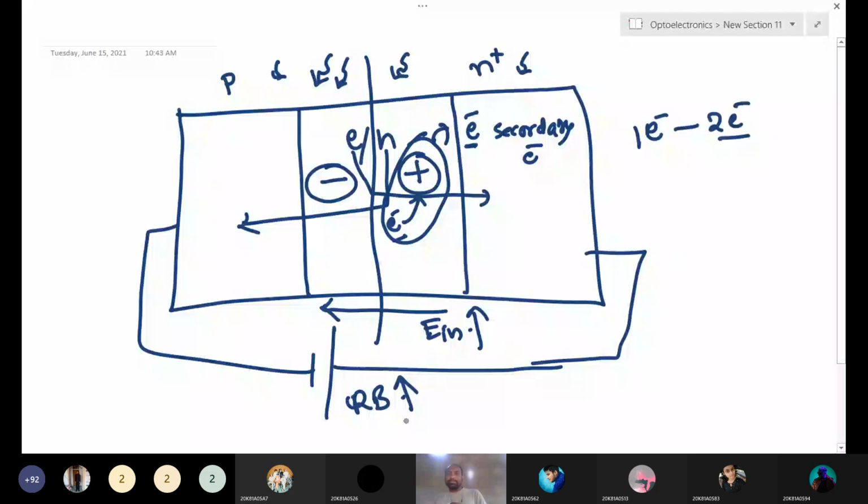We have one photon, creating one electron and one hole, but with high reverse bias voltage, that electron again creates two electrons. So finally, using one photon, we are creating two electrons. That is the multiplication process.